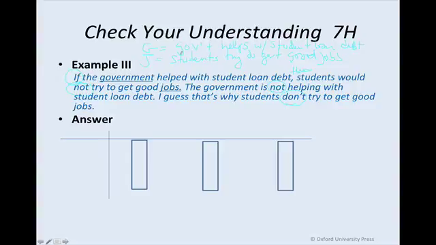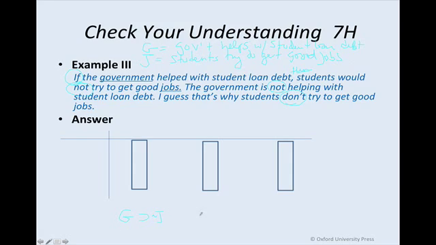And we end up with the following. I'm going to put it down here just so that we have a little bit more room. If the government helped with student loan debt, then students would not try to get good jobs.